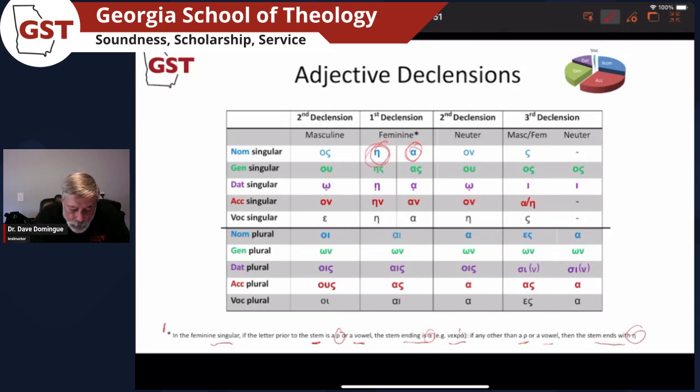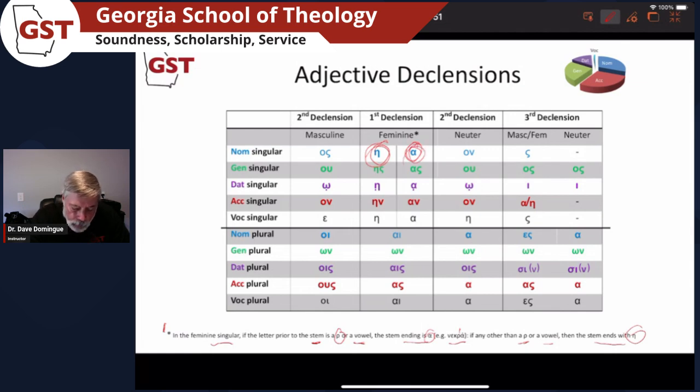That's what that's saying. So that creates a little bit of confusion when we're talking about genitive singular versus the accusative singular and plural. So notice what it says. If the next to the last letter in the stem of an adjective is a rho or a vowel, the feminine stem ends in alpha. That's what we talked about right here, such as nekra.